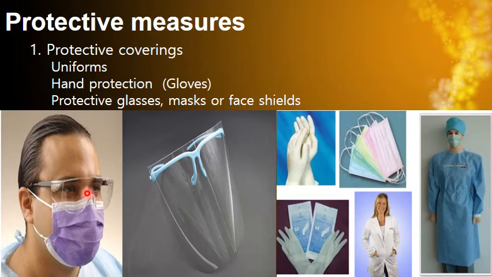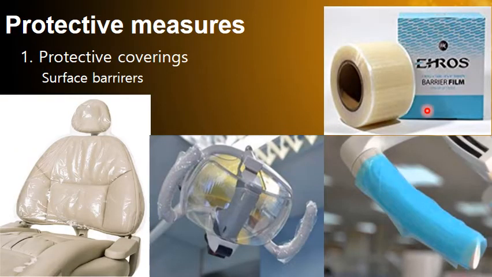All these are important personal protective measures that I should use, especially in these pandemic conditions. Another is the surface barriers for the chair, especially the headrest, and for the handle of the light. These are the two most important things that I should use surface barriers for.